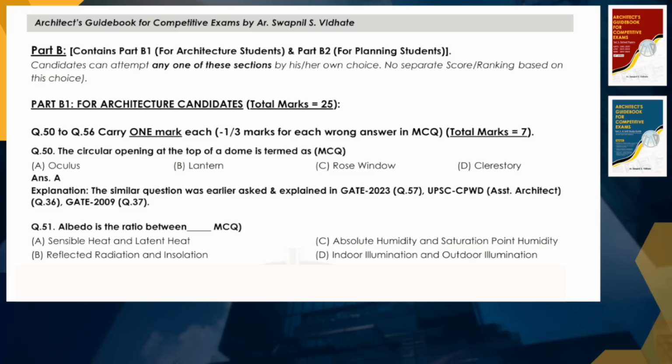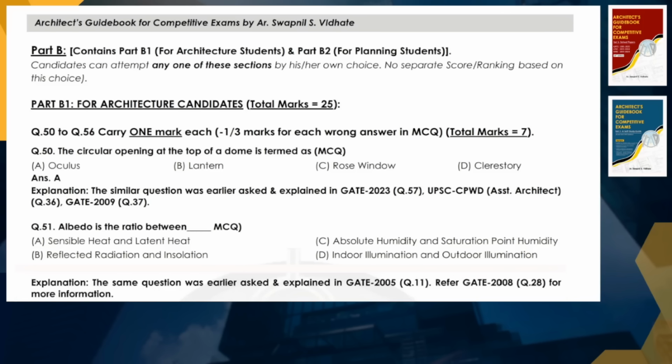The exact same question was there in the previous question paper of GATE 2005. You can check question 11 in set 1, and you can refer to GATE 2008 question 28 for more information related to albedo. So here the correct option was option B, because the definition we have already provided in GATE 2005.